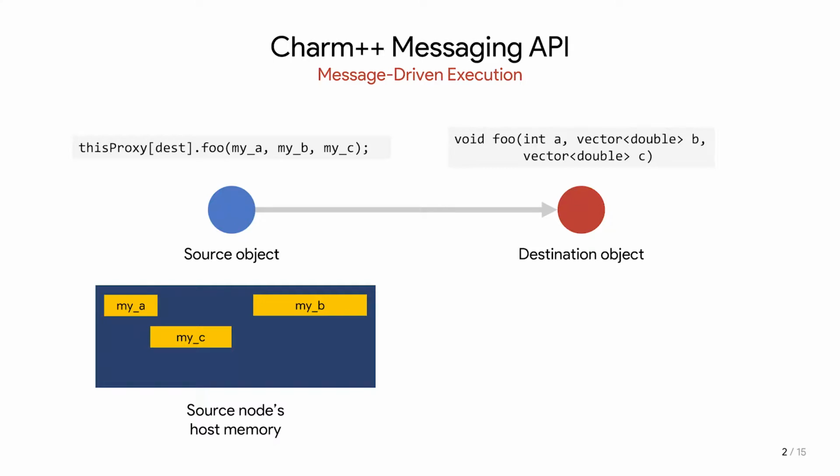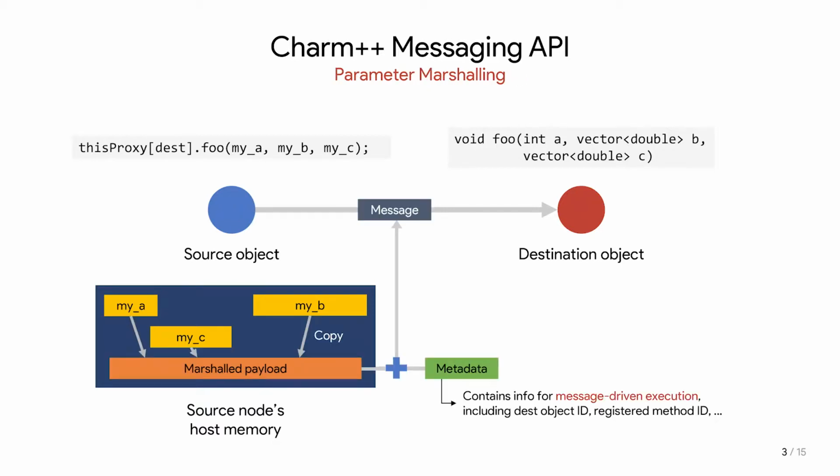In this example, we have two objects, the source object and the destination object. The source object is attempting to send three separate buffers that are on the host memory. One is just an integer, A, and the other two, B and C, are vectors of doubles. And they eventually will invoke the foo method on the destination object.